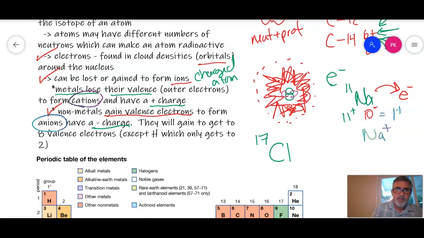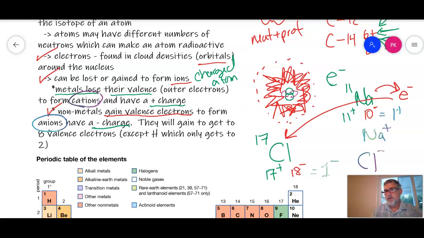So chlorine takes this electron from sodium, and now chlorine would have 17 protons and 18 electrons. So it would have 1 extra negative charge because it has more negative than positive. And we would write that now as chlorine with a negative charge.